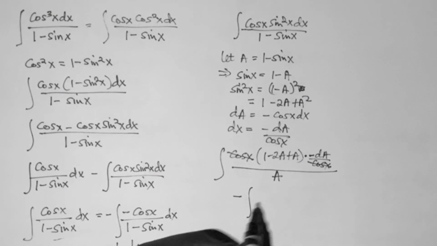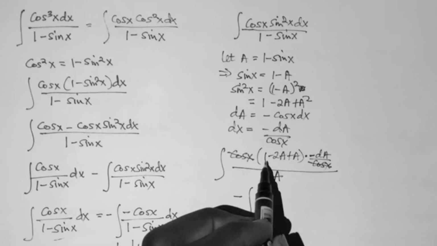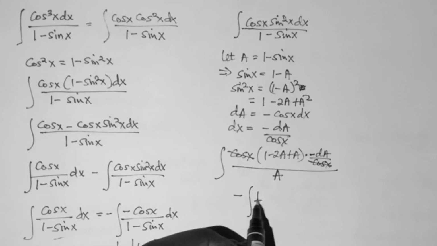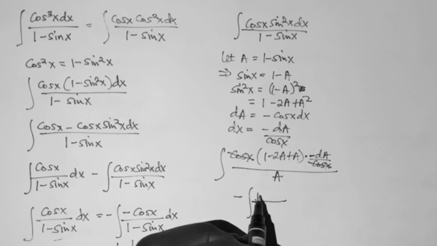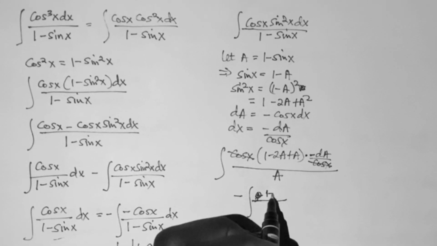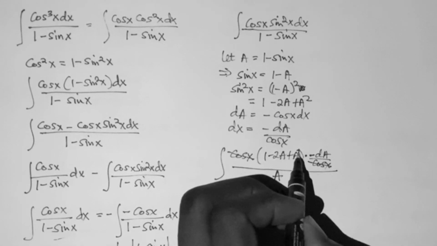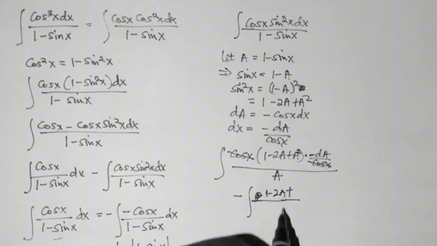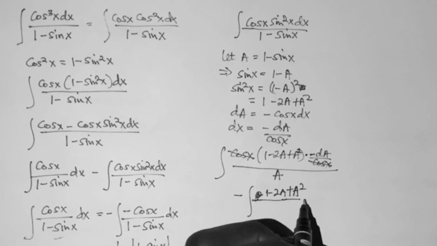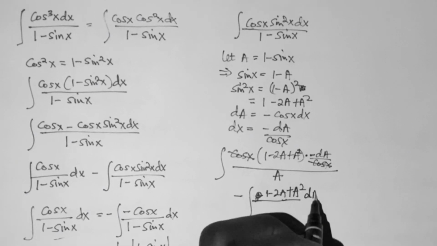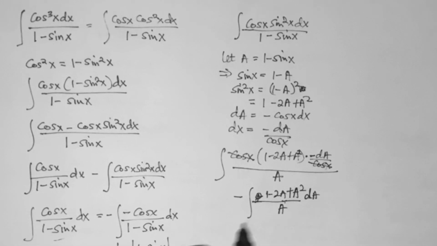So minus the integral of 1 minus 2a plus a squared, dA divided by a.